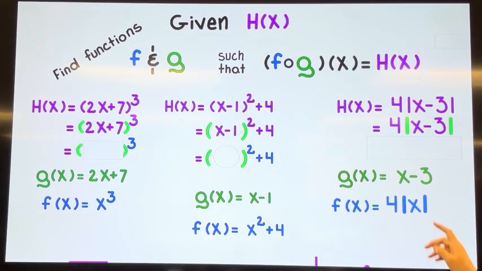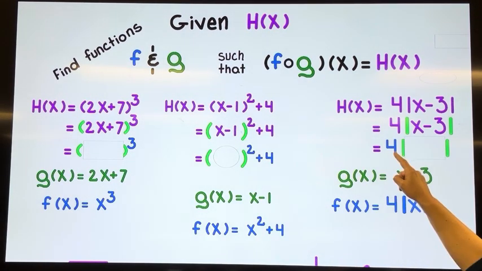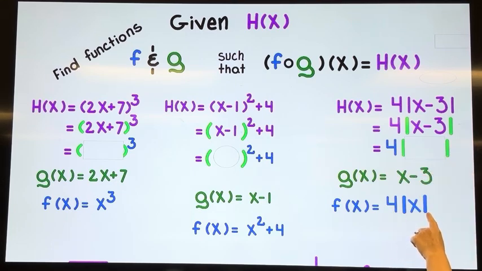And then what we have left over here is my f function, so 4 times the absolute value of x. Let's go backwards for a second. If this was my f function, and I went in and replaced this x with x minus 3, we'd be back to the original.